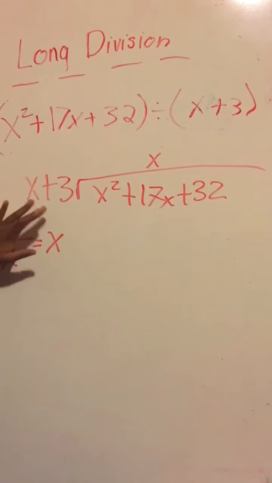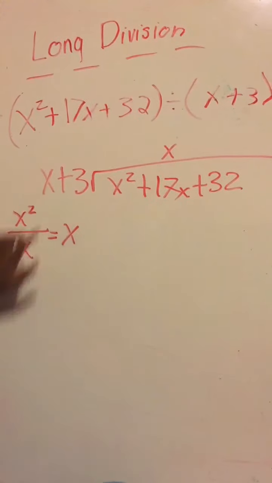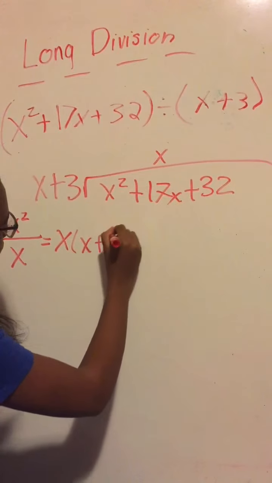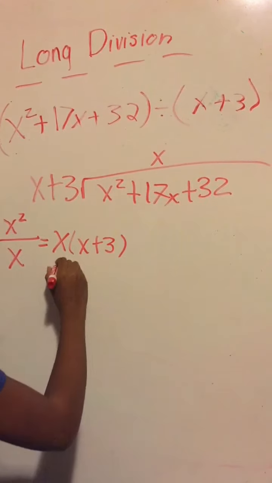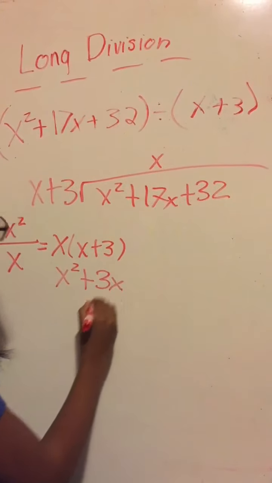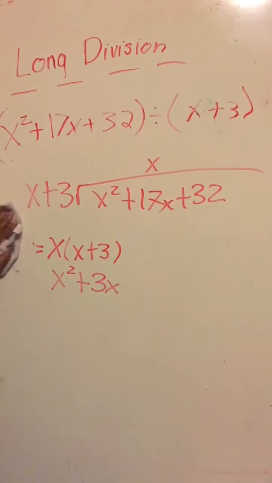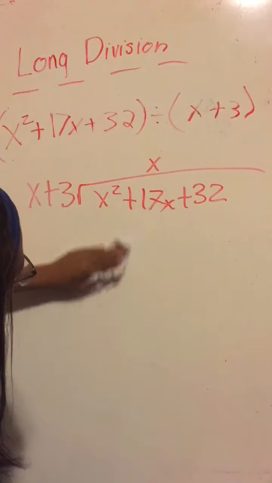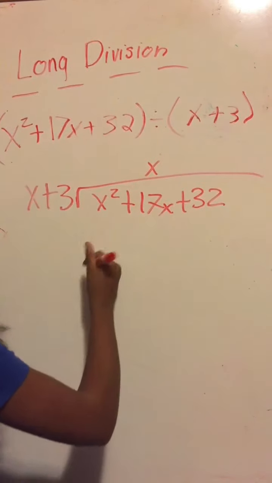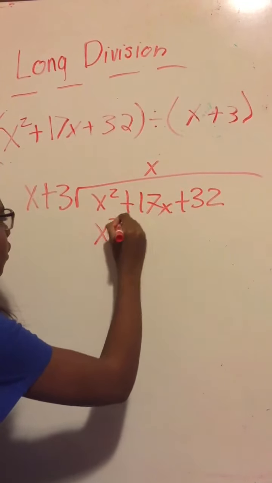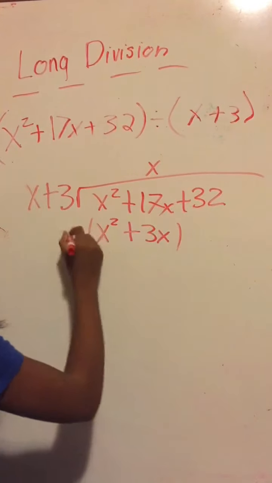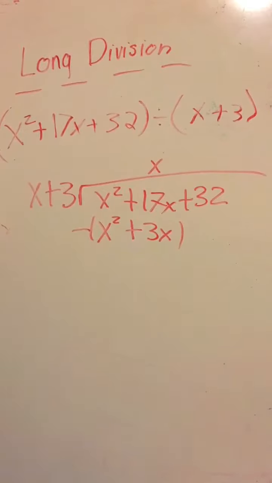After you do that, you take it and you multiply it by your outside problem. So x times x plus 3, and that's x squared plus 3x. You take the x squared plus 3x and you put it under the x squared plus 17x, and you subtract it so that these two cancel out.